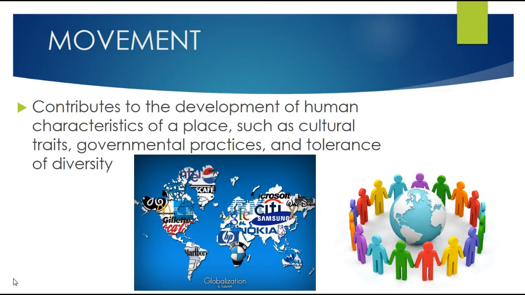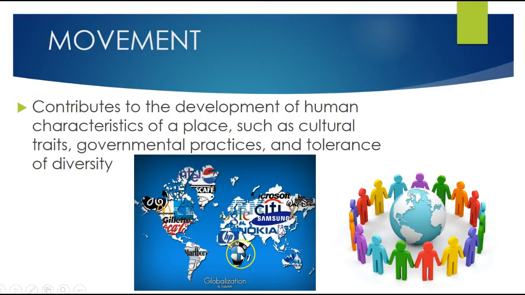Movement is very important to the study of geography because it contributes to the development of human characteristics of a place, such as cultural traits, government practices, and tolerance of diversity. If we look at this map here, we notice that there are some pretty famous brands.